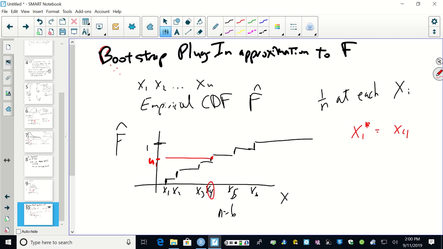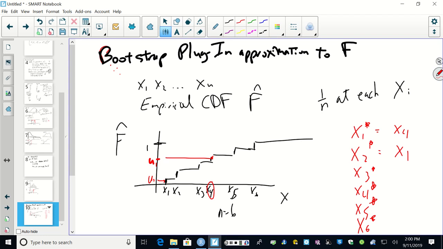And then if we sample our second one, mapped into this place, x2 star, our next one would be x of 1. And we're going to do that 6 times in this case because the sample size is 6. We take independent samples from this thing.